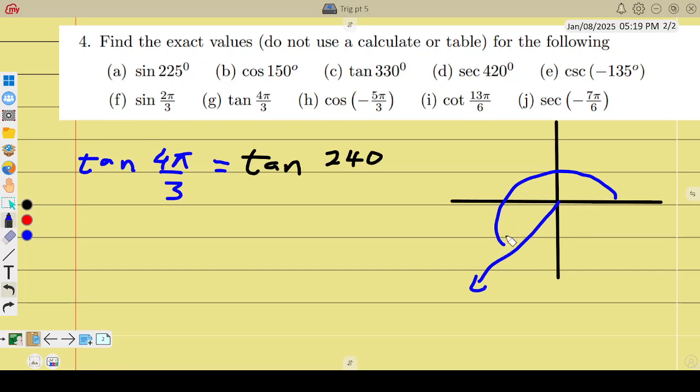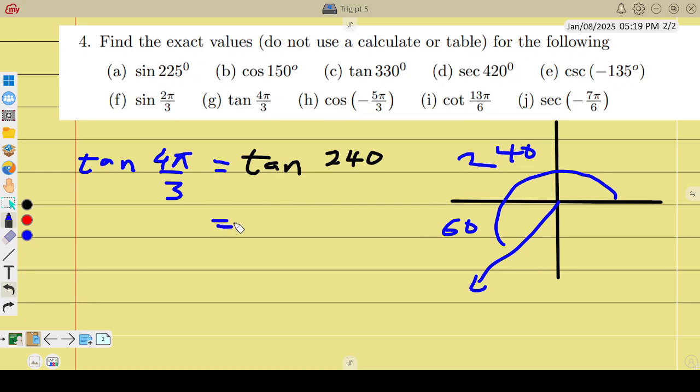And then our helping angle, since this is 240, the helping angle will simply be 240 minus 180, which will be 60.